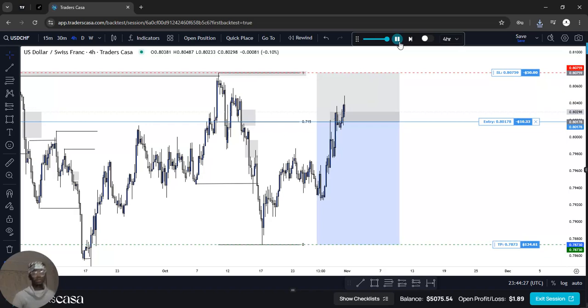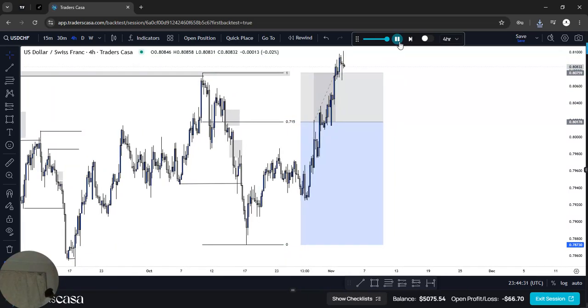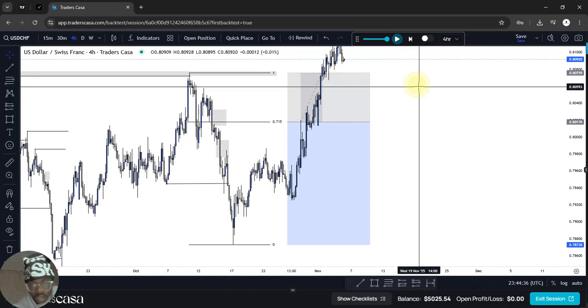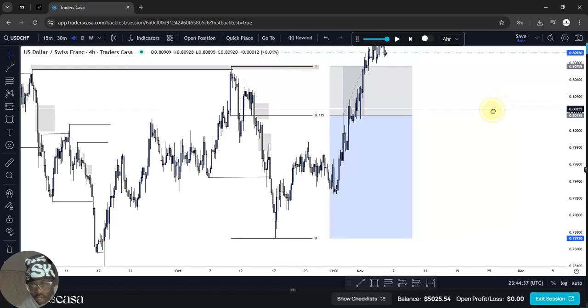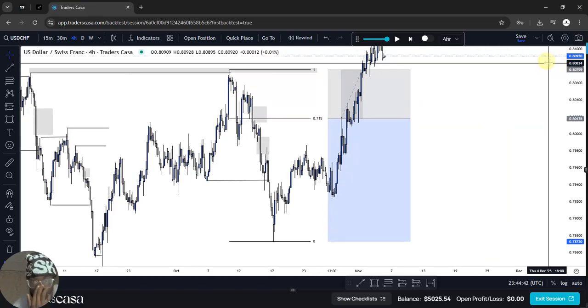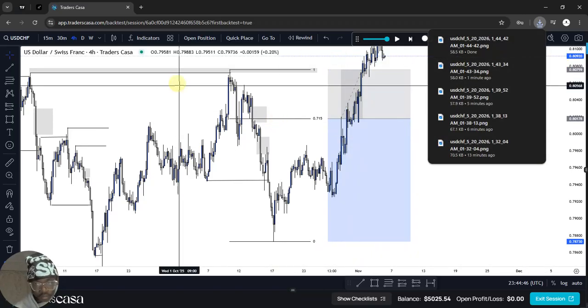Okay, we tapped in and we tapped out. So it seems like the market was now against us. We hit another loss, but it is what it is. We followed rules, and yeah, basically this was a good trade as well, I can't lie.